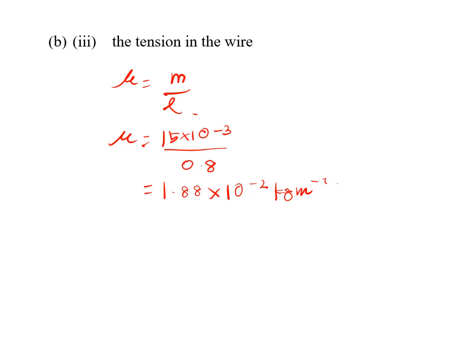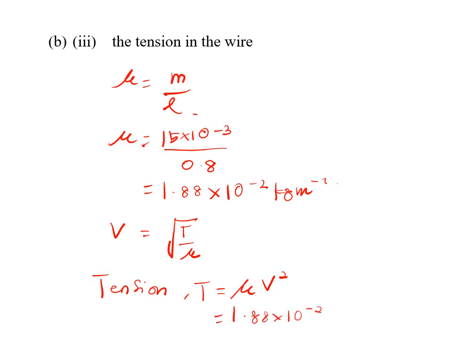By referring to the speed of the wave along the wire, we have v equals square root of tension over mu. Rearranging, tension T equals mu v squared, so 1.88 times 10 to the power of negative 2 times 220 squared. You will get tension 910 Newton.